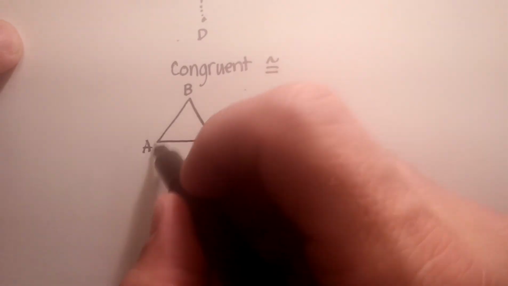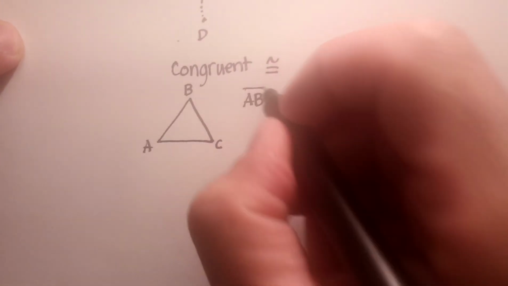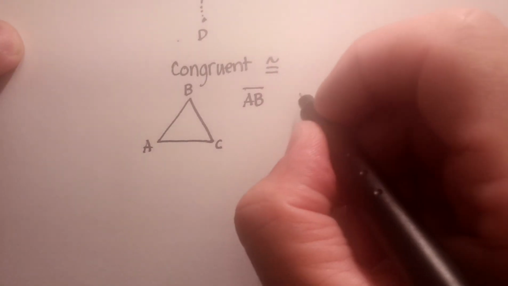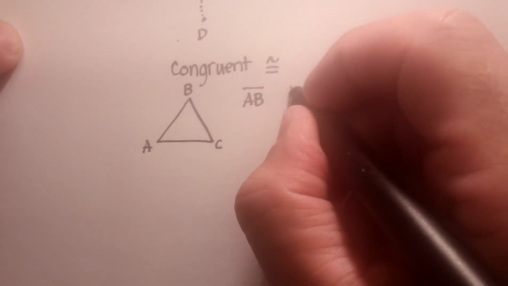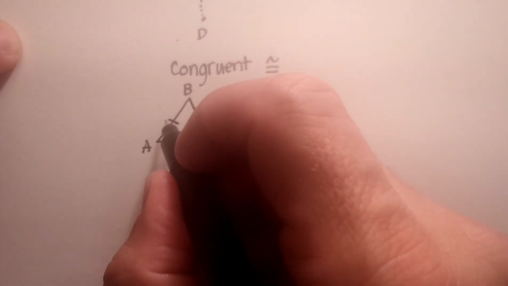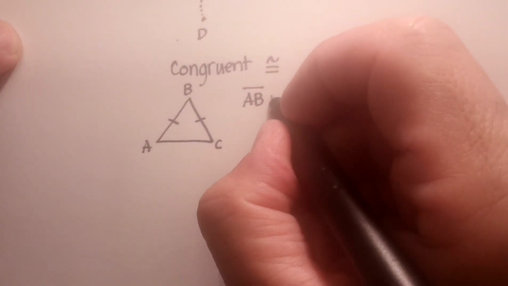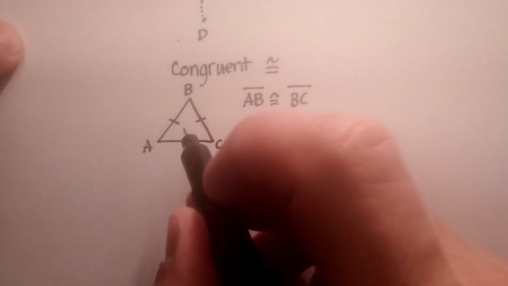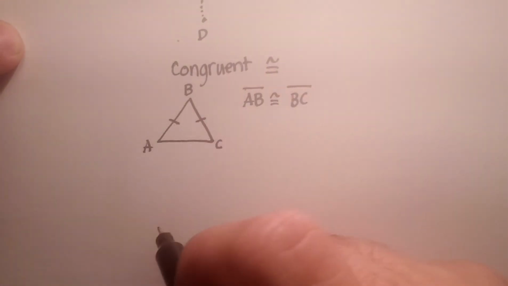So this line segment AB, remember line segments have just a straight line, and line segment BC are exactly the same length. I would do that by putting one little slash through both of those, okay? And I would say that they are congruent. And that's what congruent means. They're exactly the same length. And that's how you designate it.